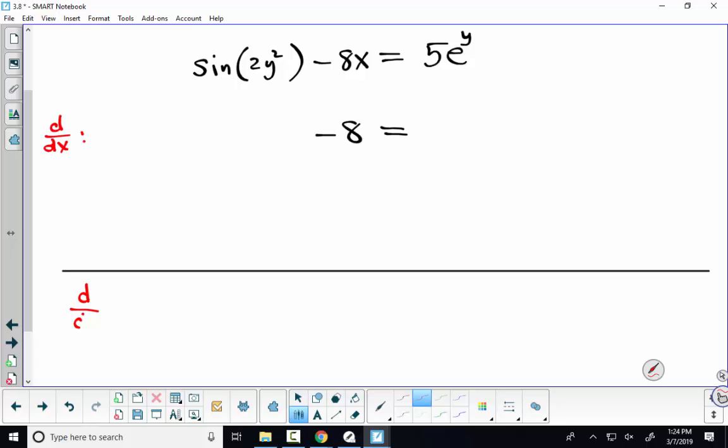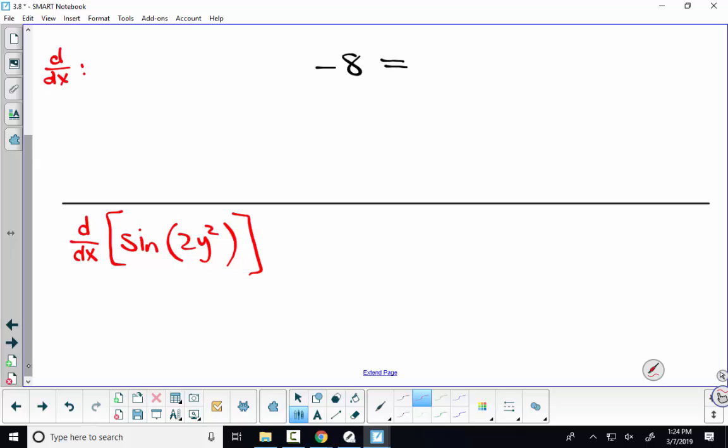So let's compute the derivative of the sine of 2y squared. What would the derivative of the sine of 2y squared be?